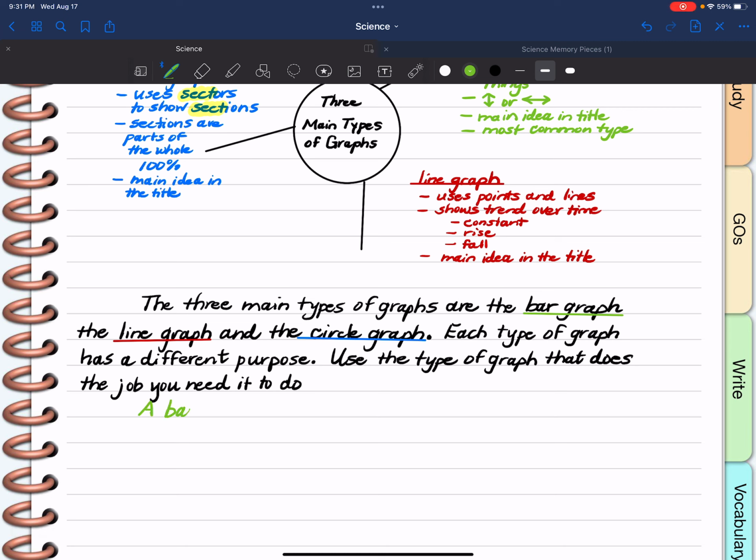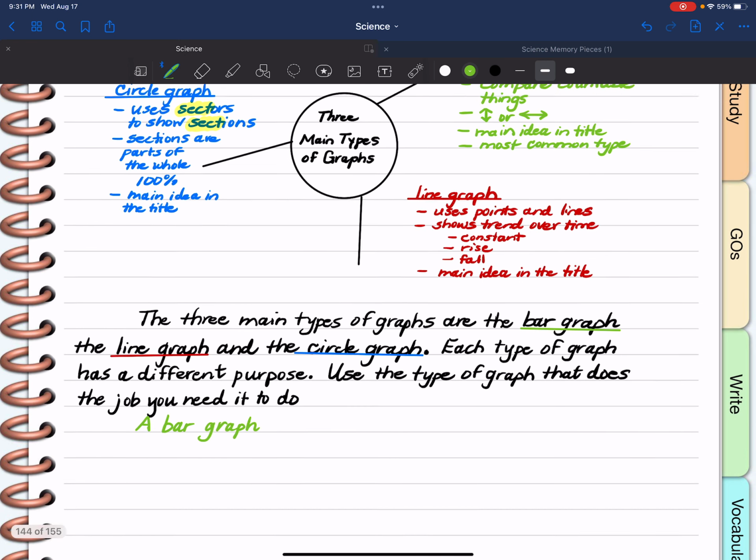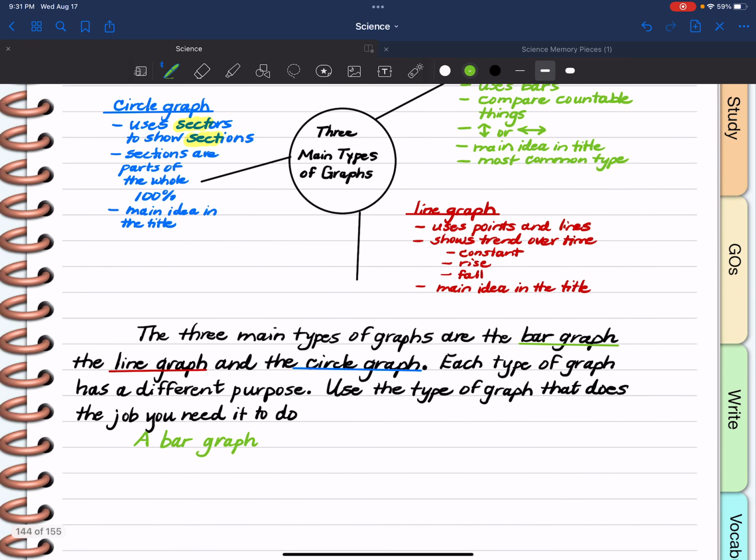A bar graph uses bars, and let's go ahead and say vertical or horizontal, bars to compare countable things.